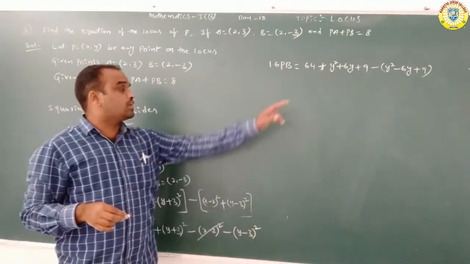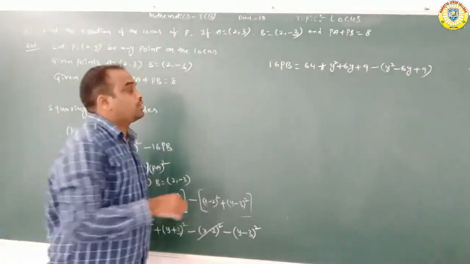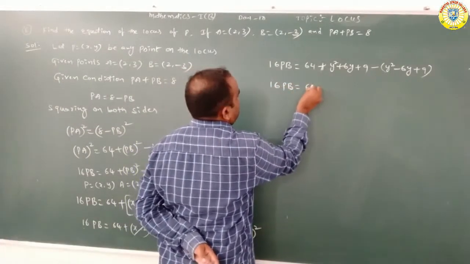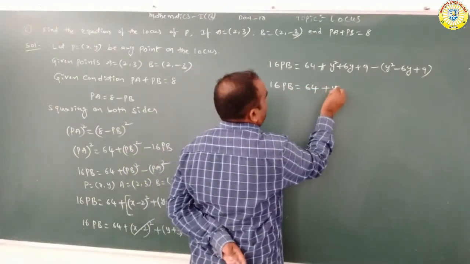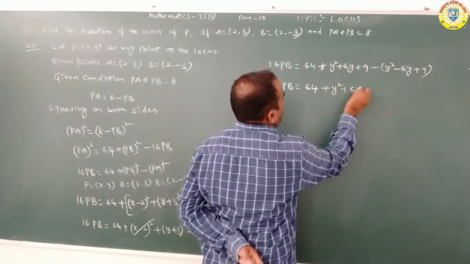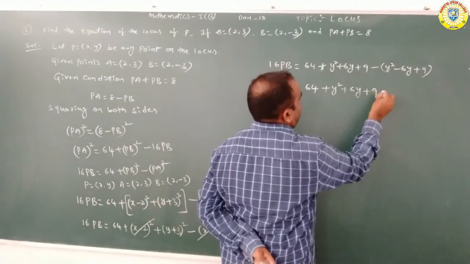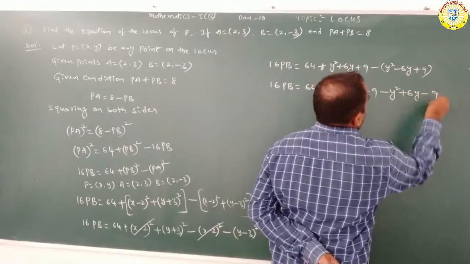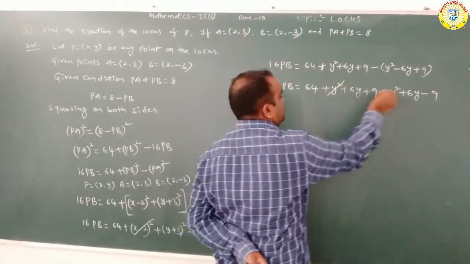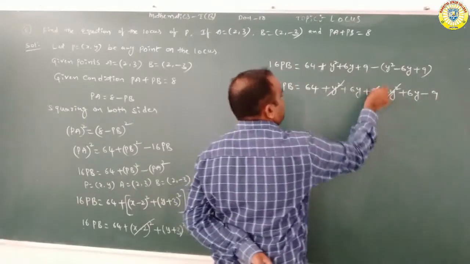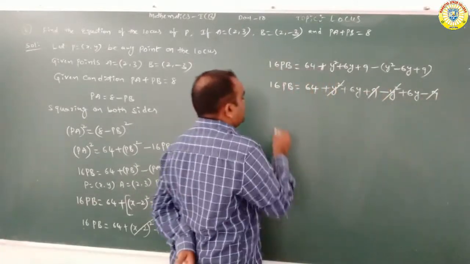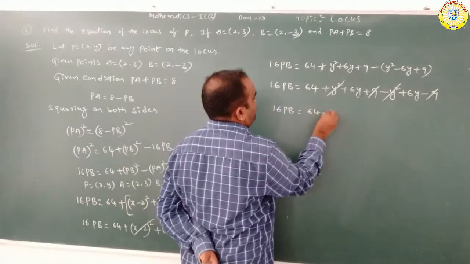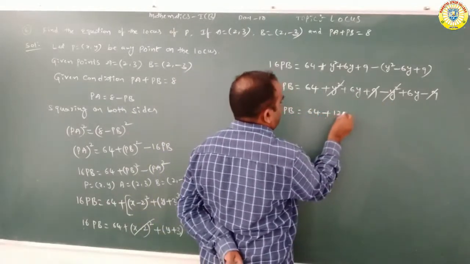Okay now, 16 PB is equal to 64 plus y square plus 6y plus 9 minus y square plus 6y minus 9. Plus y square minus y square, and 9 minus 9 cancel. 16 PB is equal to 64 plus 6y plus 12y.